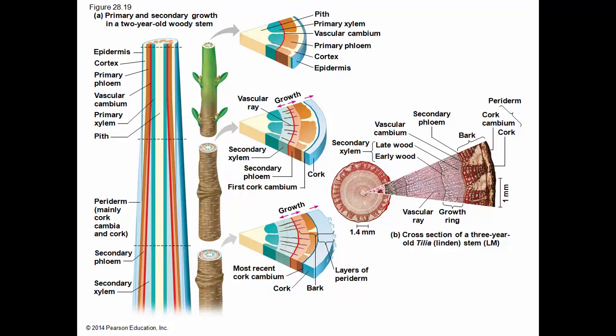We're going to break this down a little as we go through this. As you go down the structure of the tree, you're going to get more bark and more cork. You get more lateral growth outward, and the cork and the vascular cambium are all small.